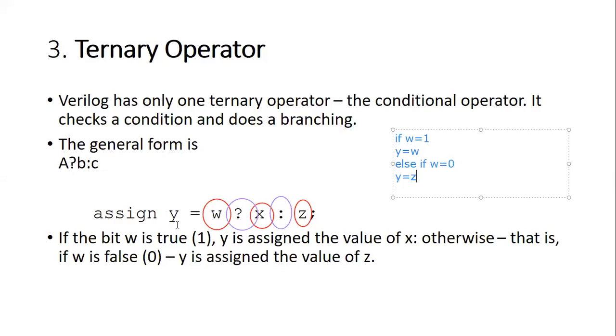So Y will be equal to X if W is equal to 1, else it will be equal to Z. So this is known as the ternary operator in Verilog.